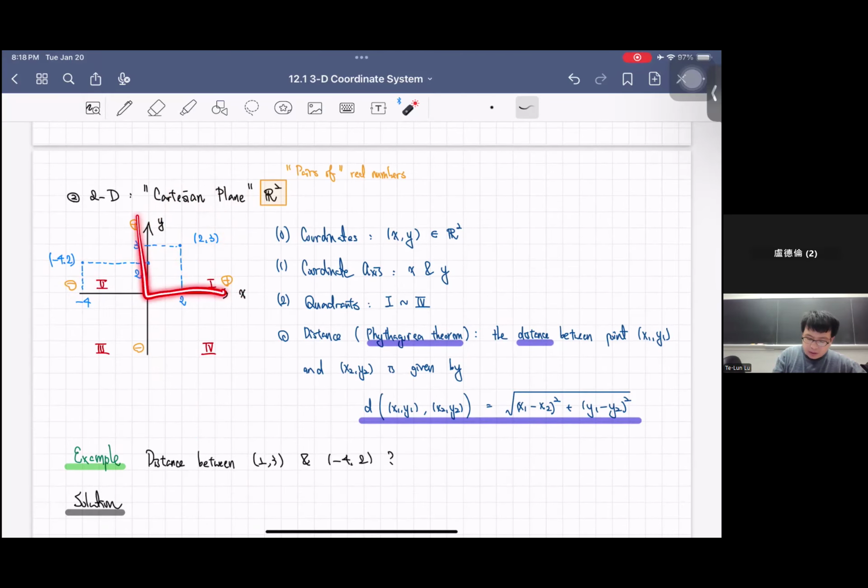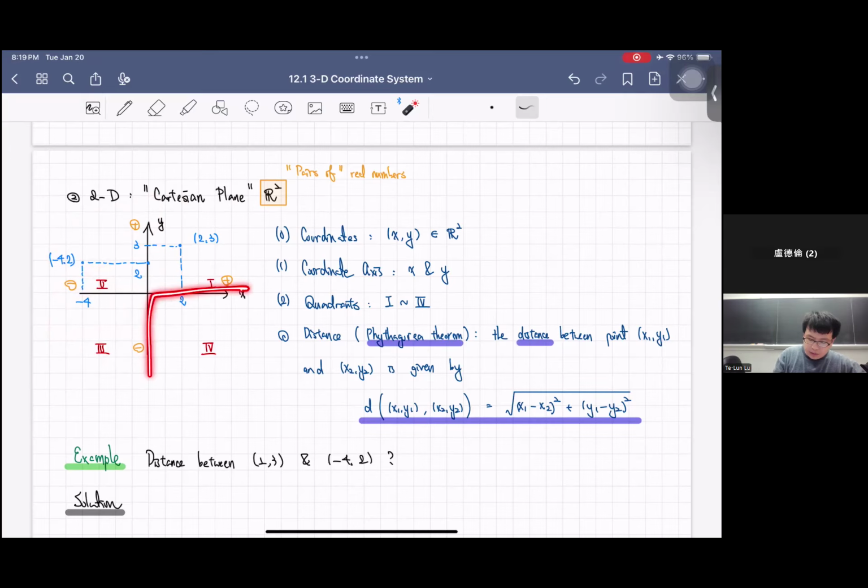So we usually call this domain the first quadrant, denoted by the Roman numeral I. And in this domain, you have the x-coordinate being negative and the y-coordinate being positive, meaning that you have minus and plus in the x-y coordinates, respectively. We denote this by the second quadrant, again with a Roman numeral II. Similarly, this domain is the third quadrant, with both the x and y coordinates being negative.